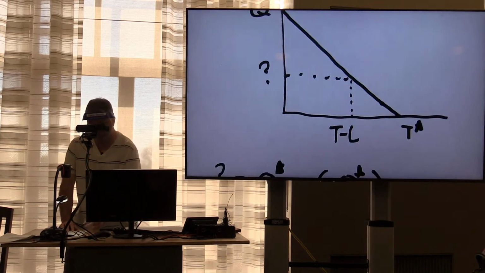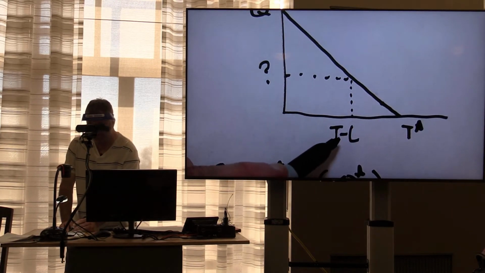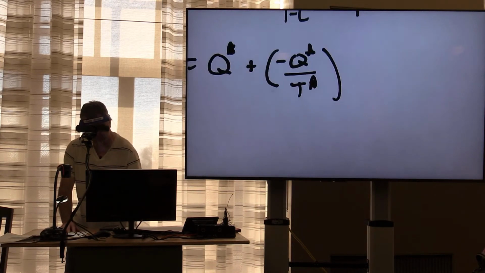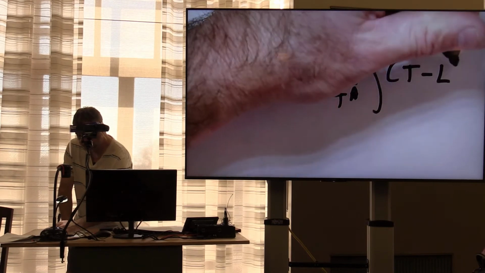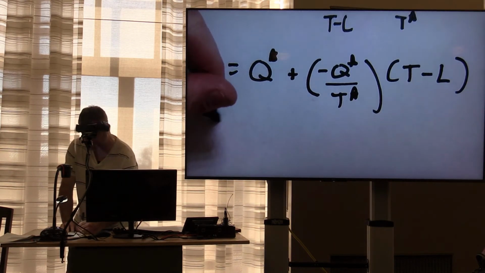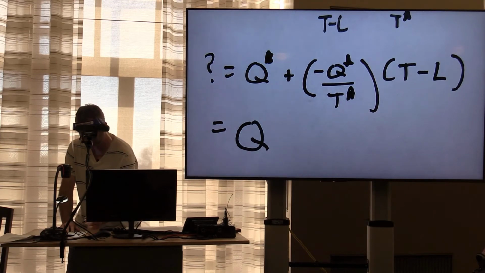We want to solve for the point where on the x-axis is T minus L. So if we solve for this, I'm going to ignore the stars for the time being.